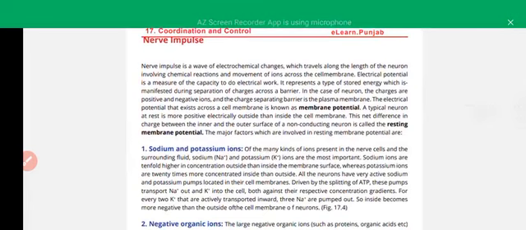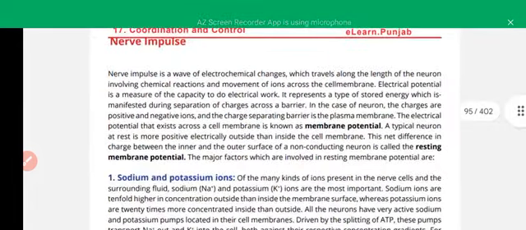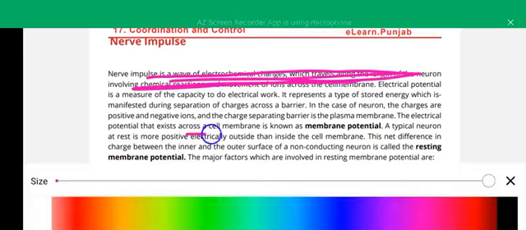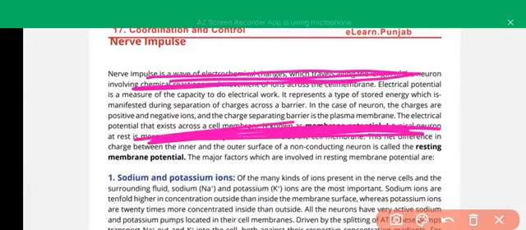Then we will study about nerve impulse. A nerve impulse is actually a wave of electrochemical changes that occurs along the cell membrane of neurons. Here is the cell membrane of a neuron. There are charges inside and outside, and in this way a voltage is created.